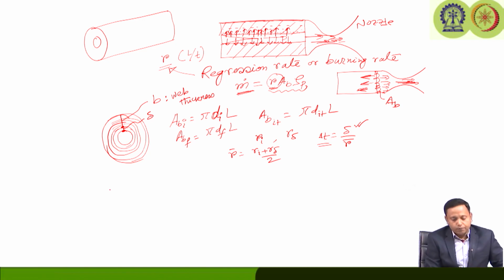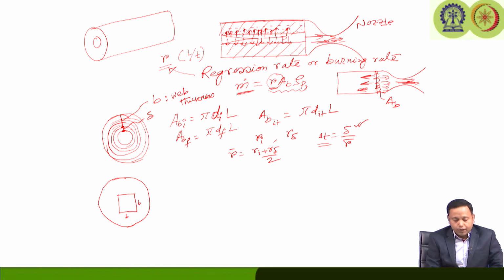Similarly, one can look at the other configurations. For example, let us say a square configuration. Once we say the configuration, we are talking about the nature of the internal perforation. So, the initial cross section is square, let us say each side is like b.